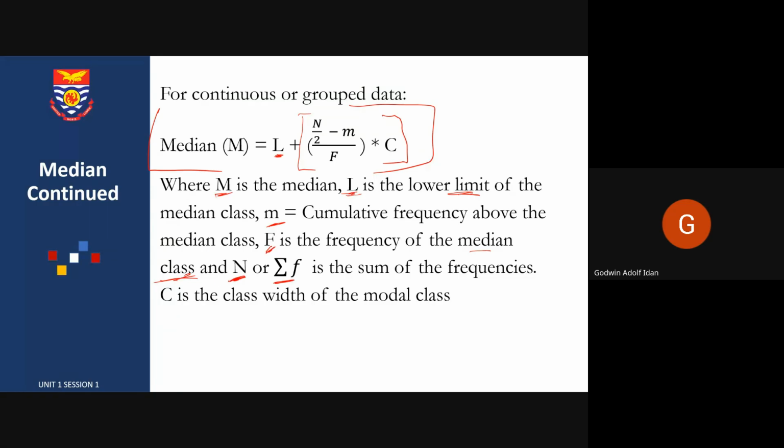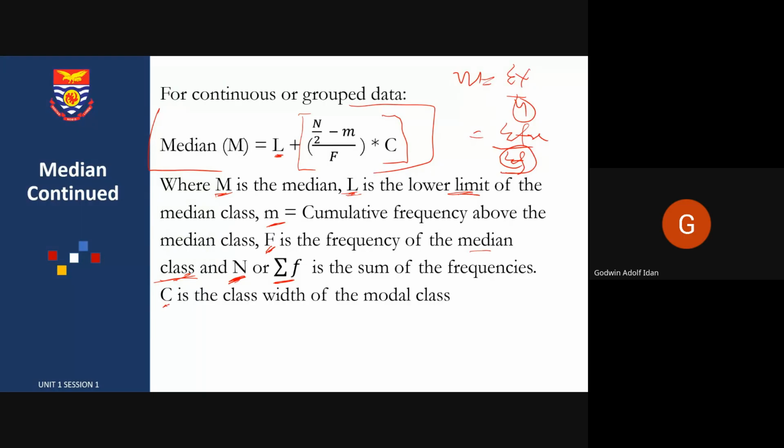You should recall that earlier on I said that the mean is equal to summation of X over N; here, we are looking at summation of Fx over summation of F. The summation of F here is the same as the N. So the N is the summation of the frequency.